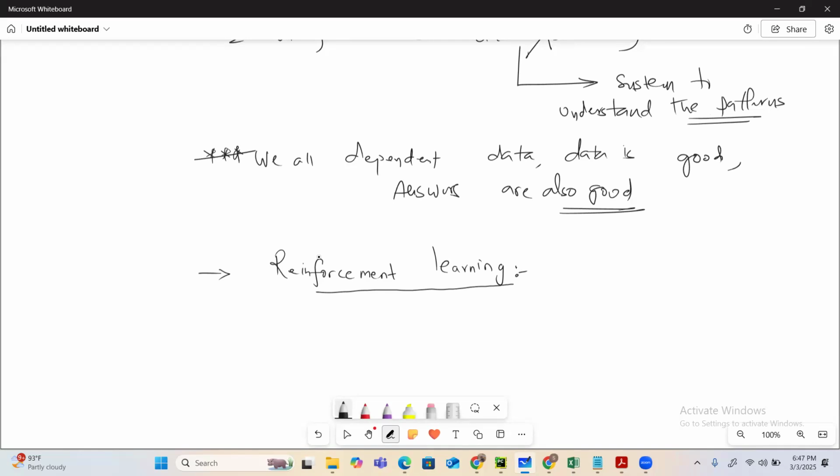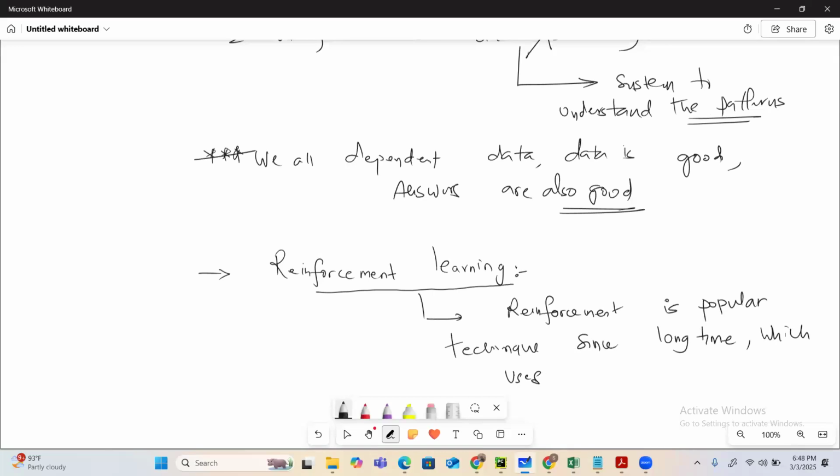Everywhere learning is happening. Okay. What is reinforcement learning? Reinforcement learning is a popular technique since a long time, which observes from the environment.